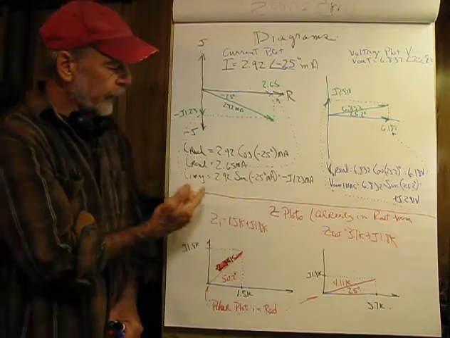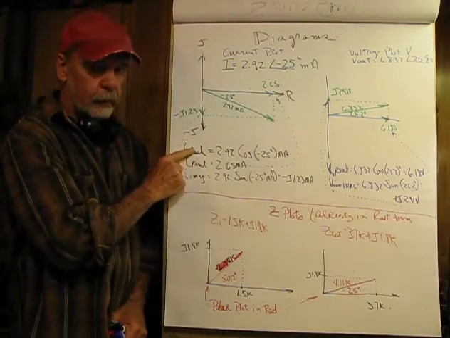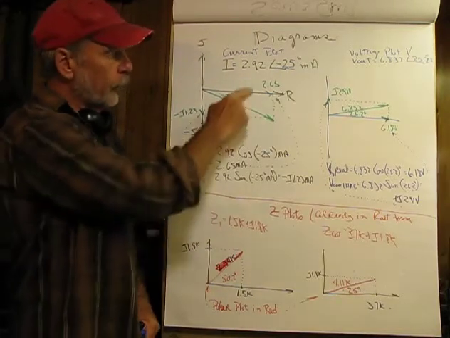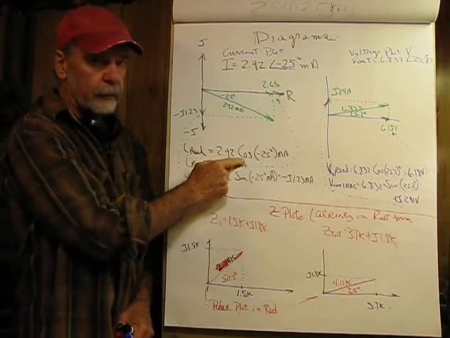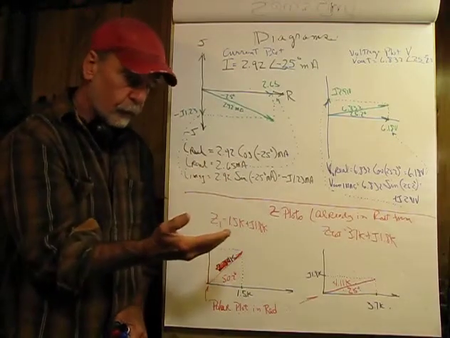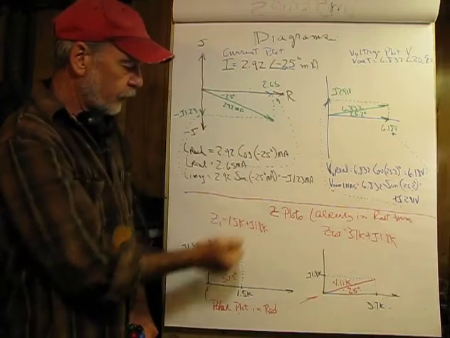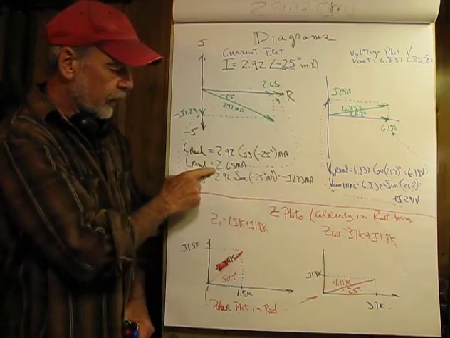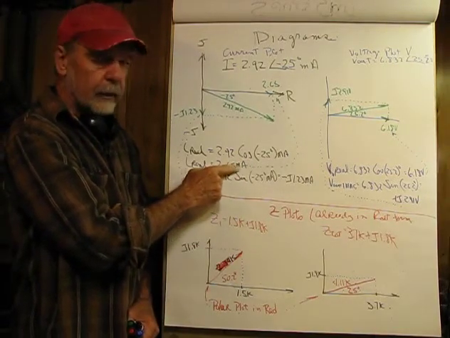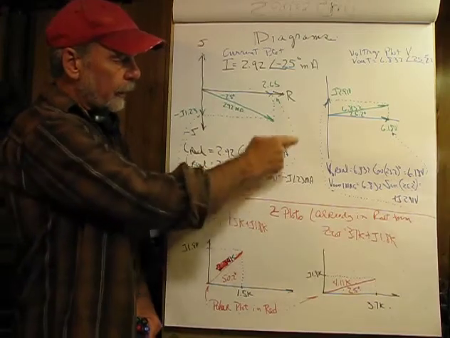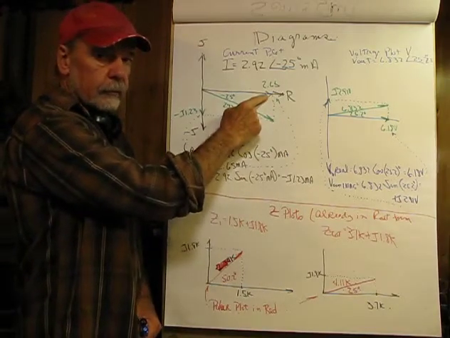So the way we do that is first we'll find the real component of the current, which would be our 2.92 times the cosine operator. So cosine is going to give us the real component, negative 25 milliamperes, and that comes out to be 2.65 milliamperes. Real, and that's the guy right there.